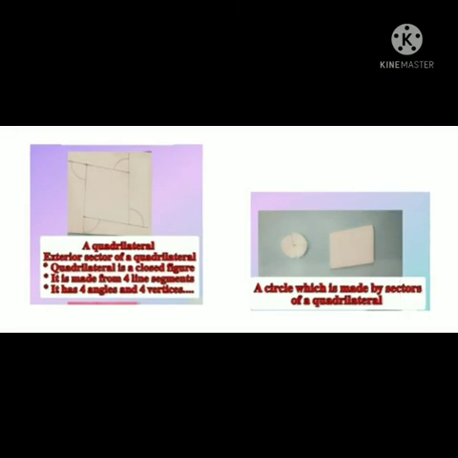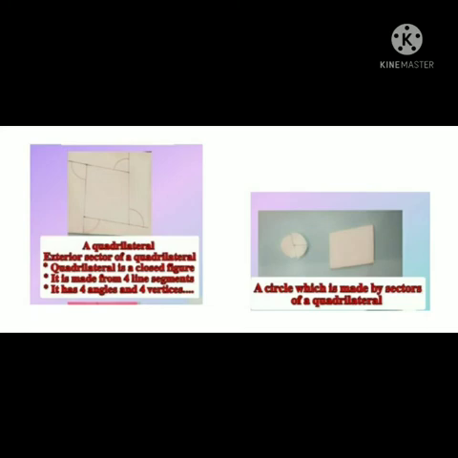The second part is of a quadrilateral. I have made a quadrilateral, and you can make any example of a quadrilateral. I have made a quadrilateral and the exterior sectors of the quadrilateral. As in the recent activity, we have learned what a quadrilateral means. A quadrilateral is a closed figure.